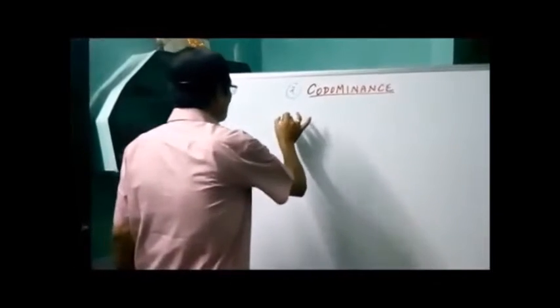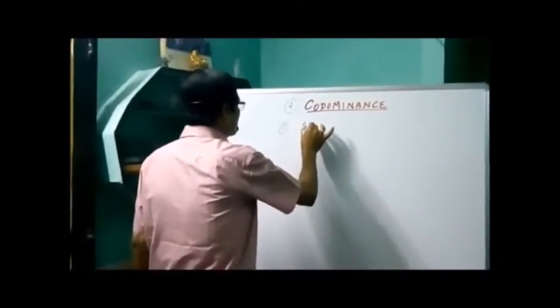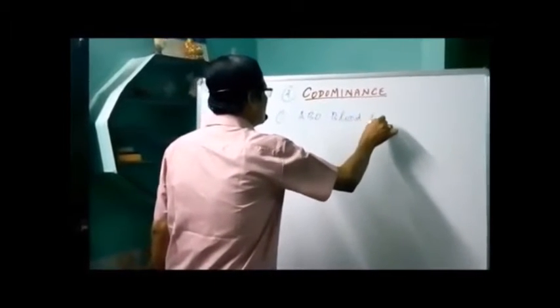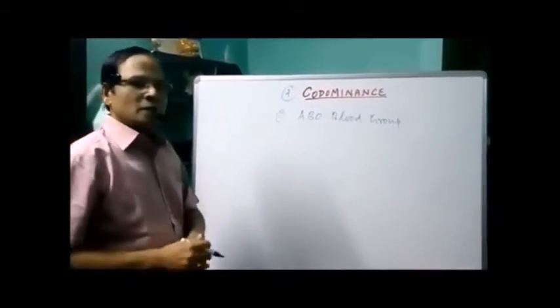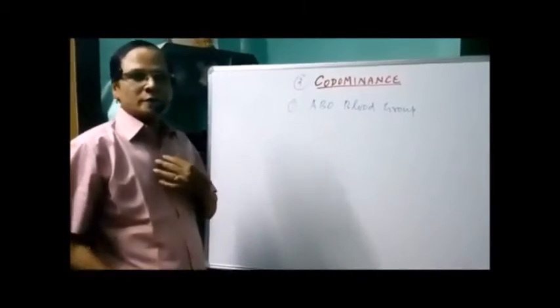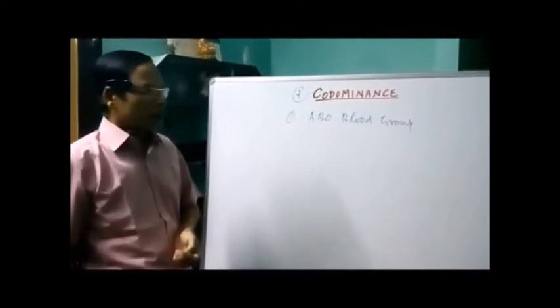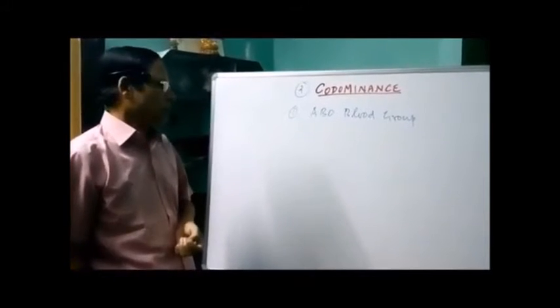One such example is the ABO blood group in humans. We have different types of blood groups: A blood group, B blood group, AB blood group and O blood group.